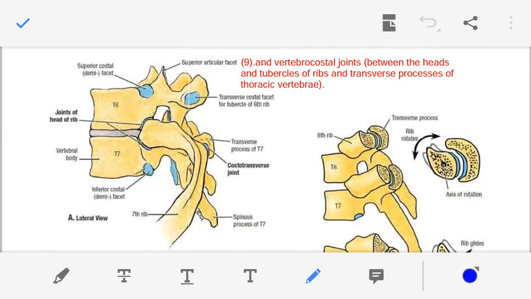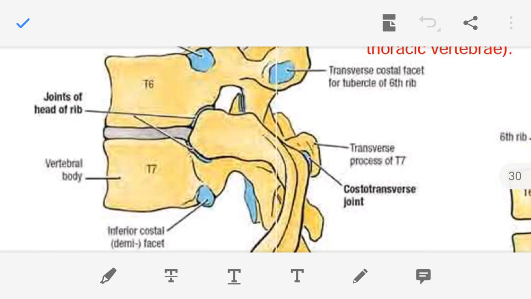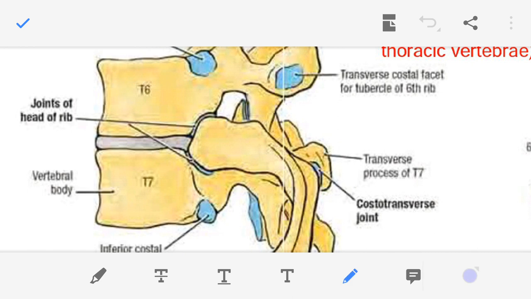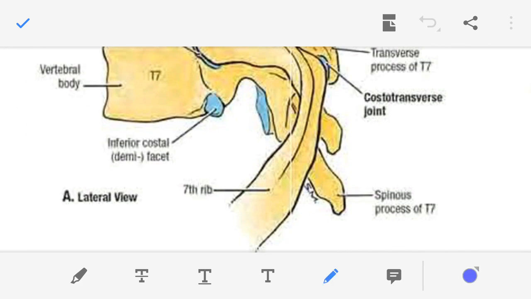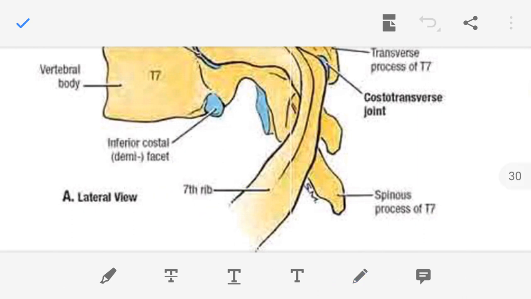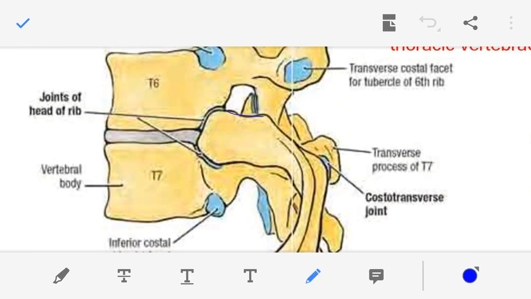Now, the vertebrocostal joint. Here, this is the seventh rib. This one is the head of the rib. And you see how the head is articulating with the bodies of the sixth thoracic vertebra and the seventh thoracic vertebra.